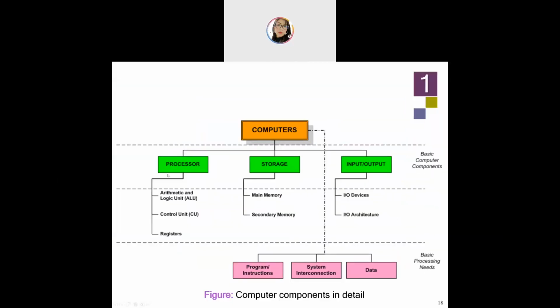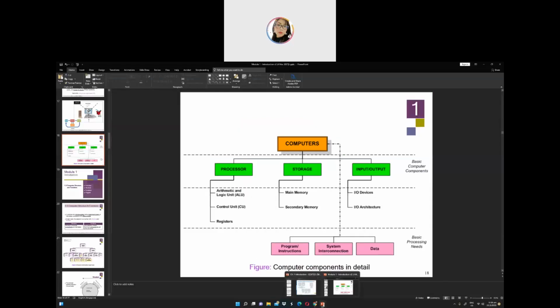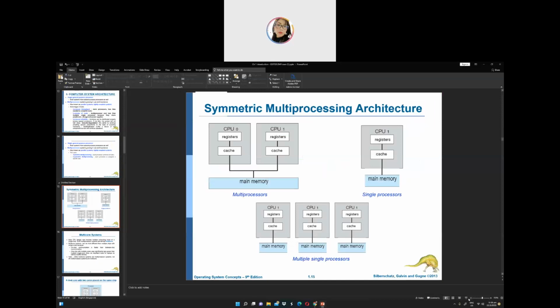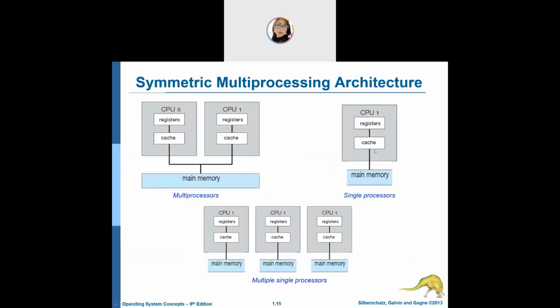This is very important for you to remember under the COA subject. In the processor, you have ALU, CU, and registers. Now, a similar thing we're going to learn in your OS. You have registers, CPU, which is the ALU, and cache. You still remember that you have this inside your memory, right? I guess chapters 5, 6, 7, you learn about cache.